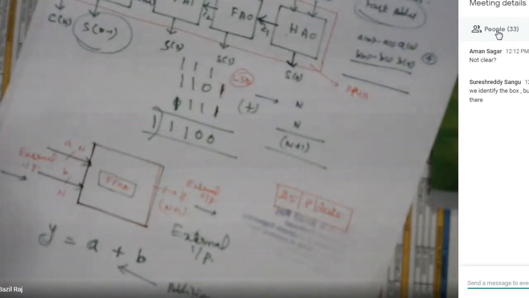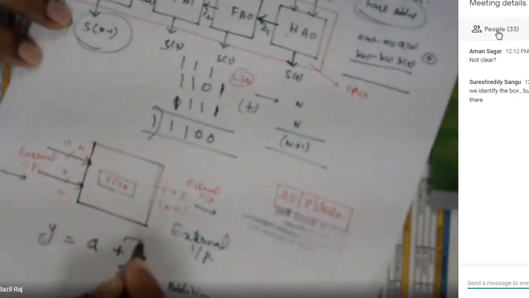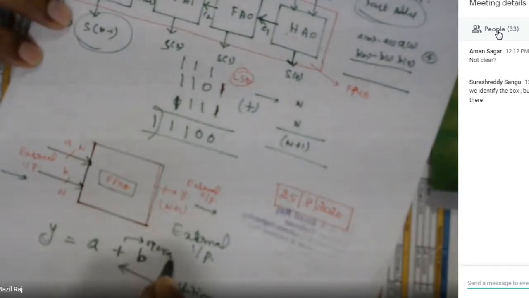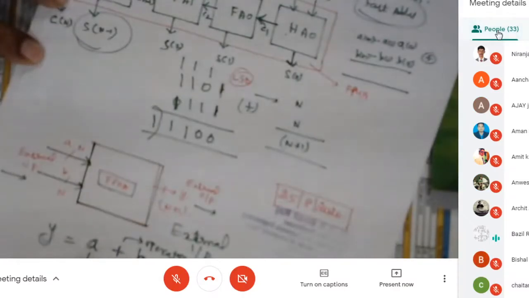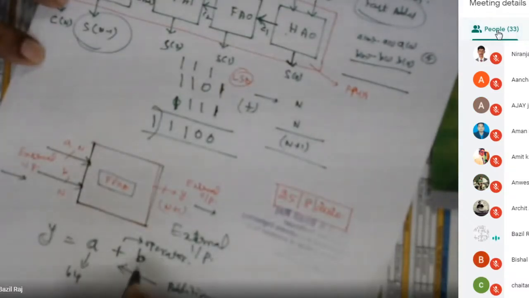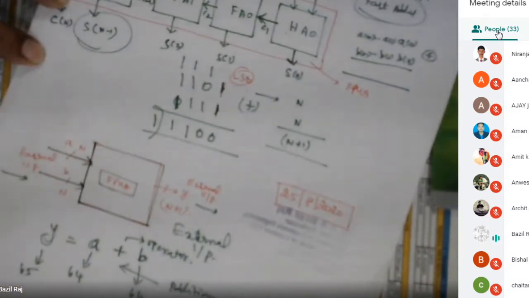Whenever we use the plus symbol to add A with B to generate the result Y, we have no control over its addition operation because we are using the operator. Suppose A may be, for example, 64 bits and B will be 64 bits. Therefore, Y will be 65 bits.